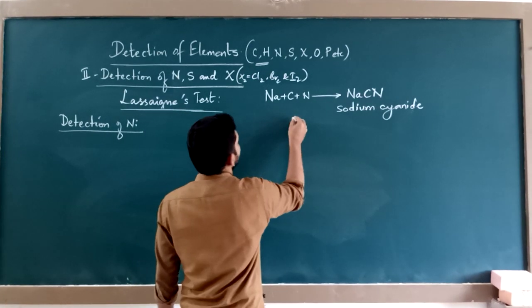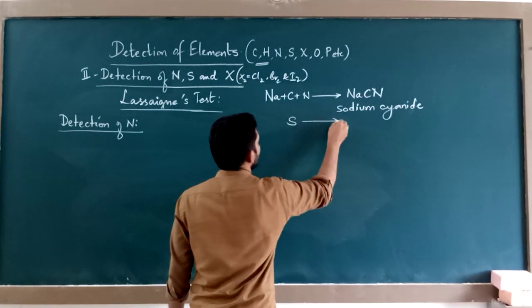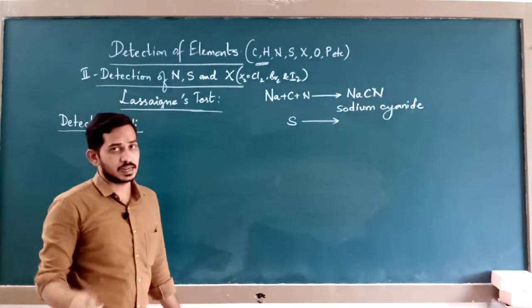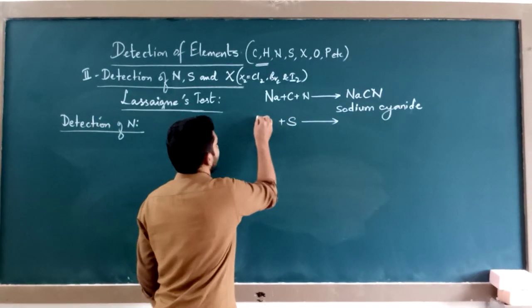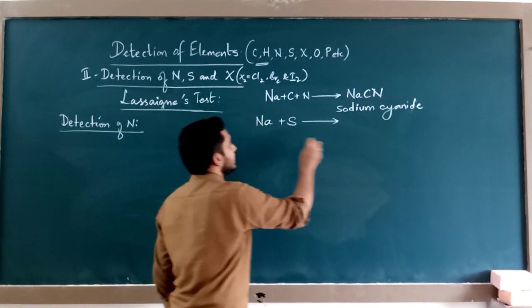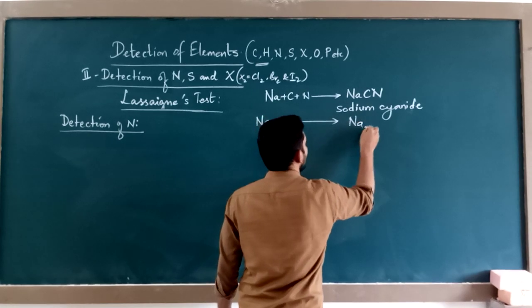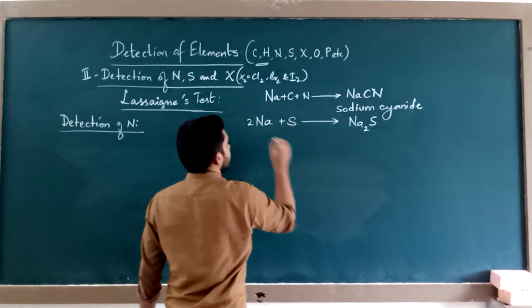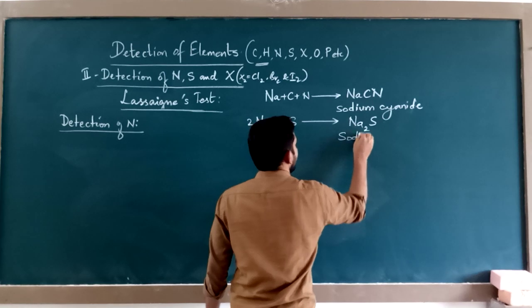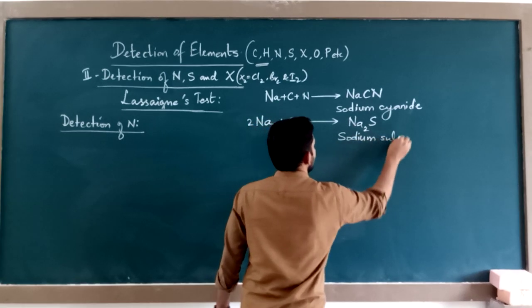If your organic compound is containing sulfur, then when it reacts with sodium metal, it will get converted into sodium sulfide.